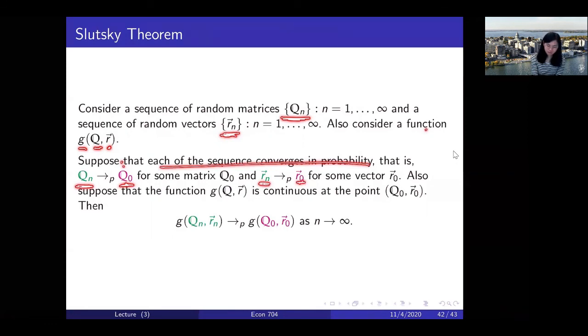And also suppose the function g is continuous at this limiting point. Then the function g preserves convergence in probability. Okay, so that's the Slutsky theorem, which simply says a continuous function preserves convergence in probability.